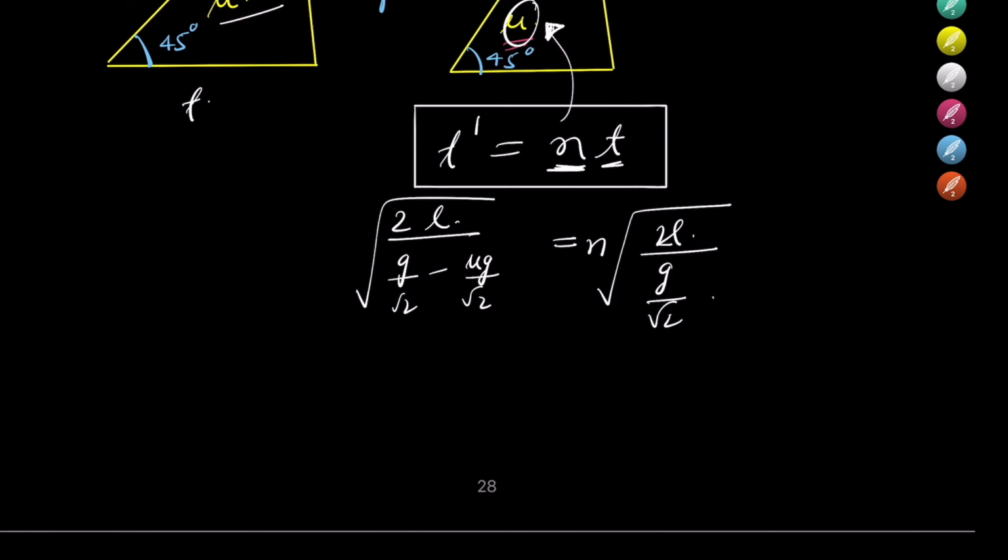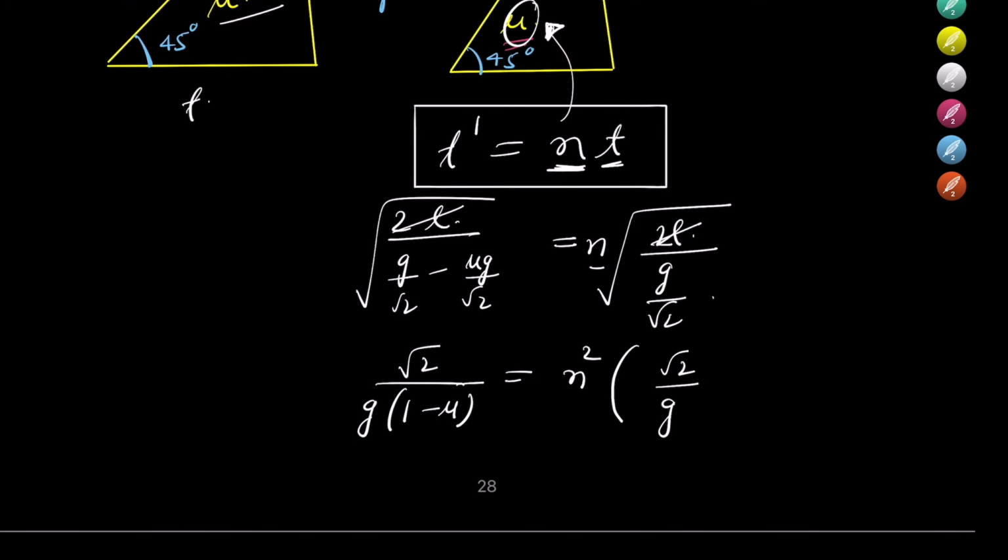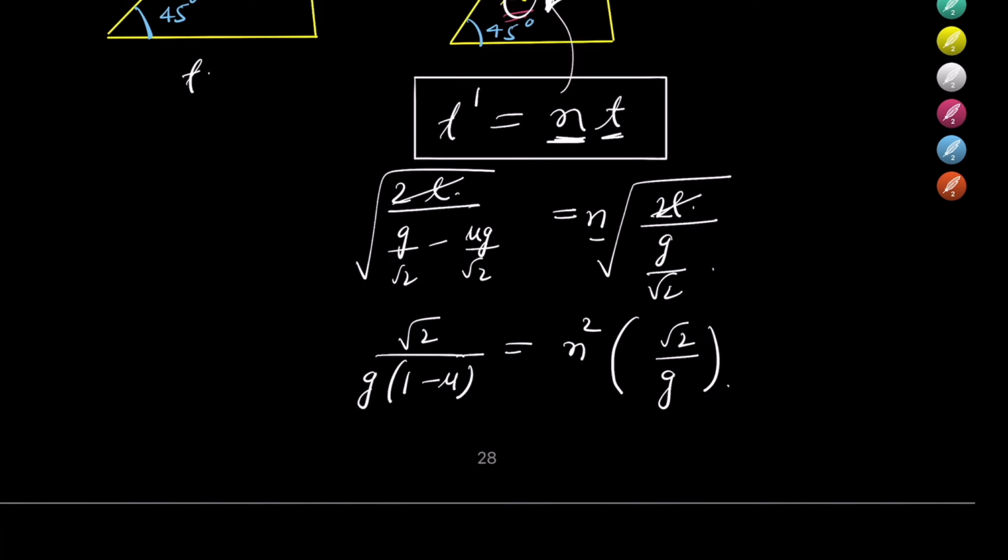Okay, so the 1 cancels inside the root, and we can square it. After taking LCM, it will be root 2 times g(1 minus mu) equals n square times root 2 by g. Almost n square.